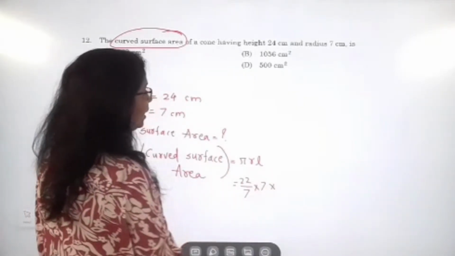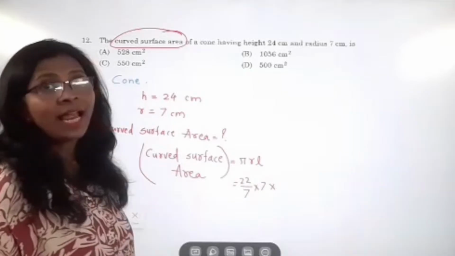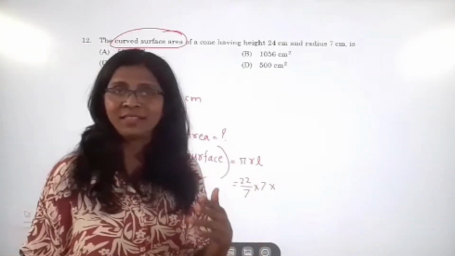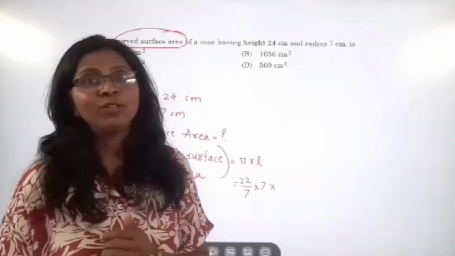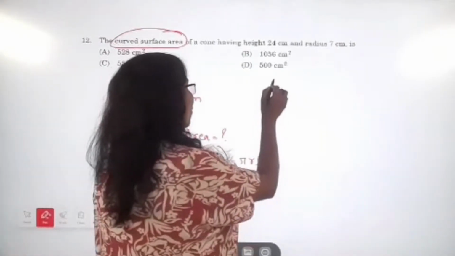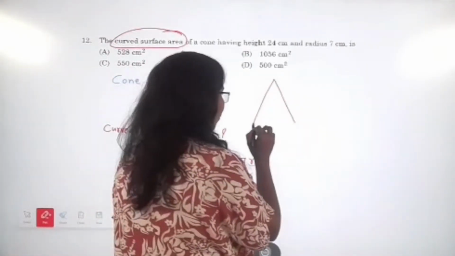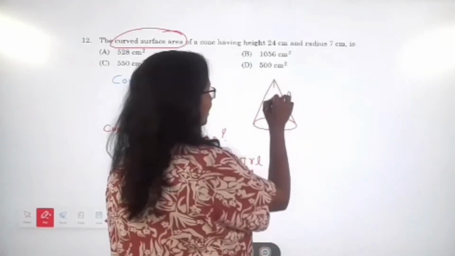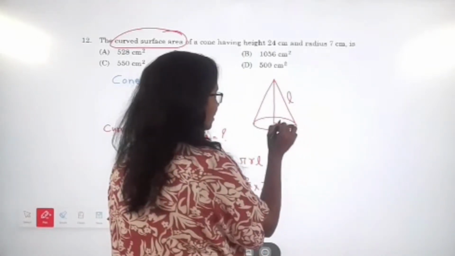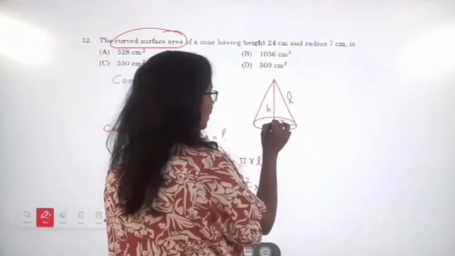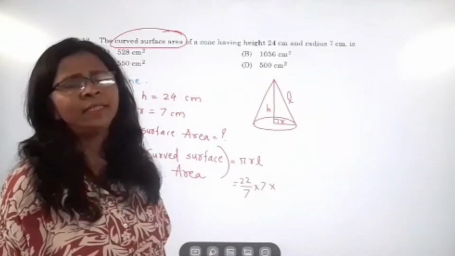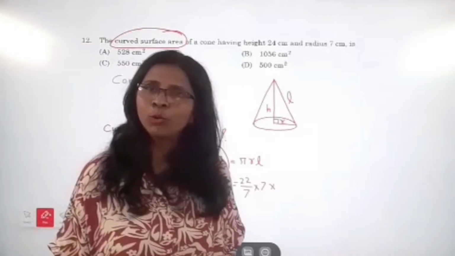But what about the length? That length means the slant height, not the slant length, slant height. If you draw the cone, this is the slant height, this is the perpendicular height, and this is the radius. So this will be a right angle triangle, and in the right angle triangle we can use the Pythagoras theorem.